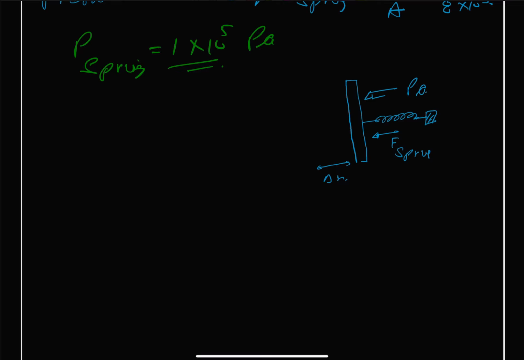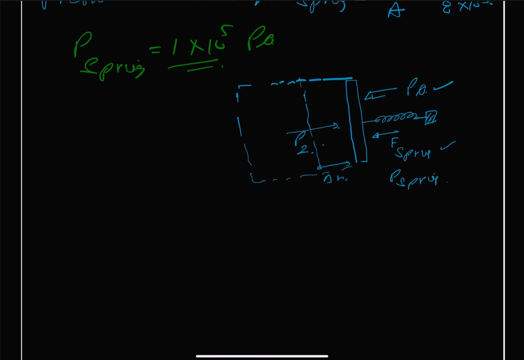And from inside, because of the heat supplied, there will also be a pressure. Let us not call it P external, let us call this P2. Because this is sealed something like this, and this was the initial position of the piston. So externally we have two pressures, PA and P spring.